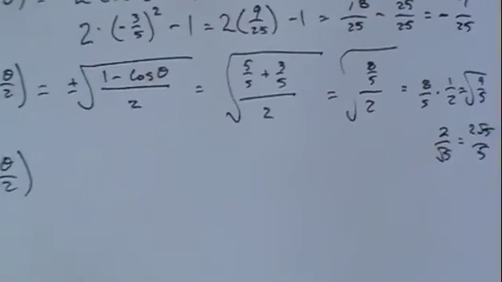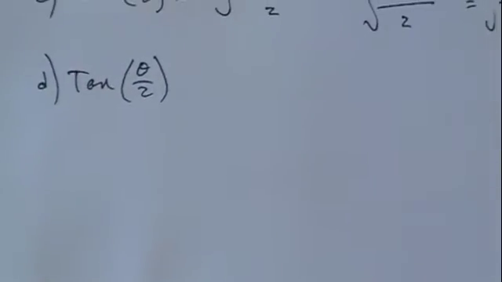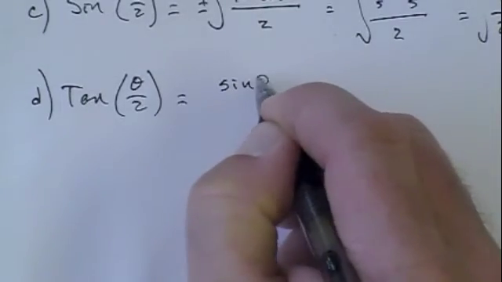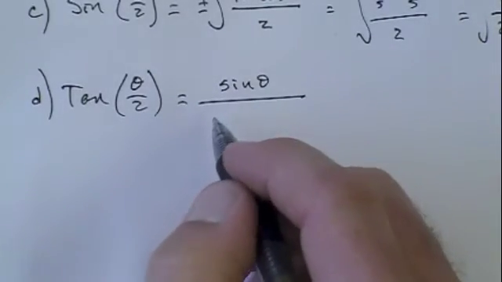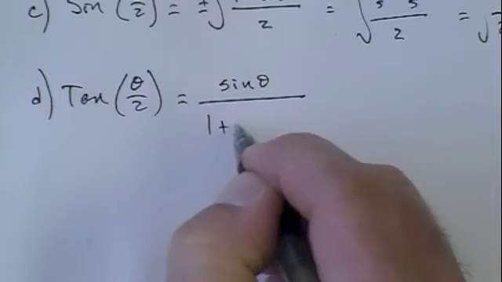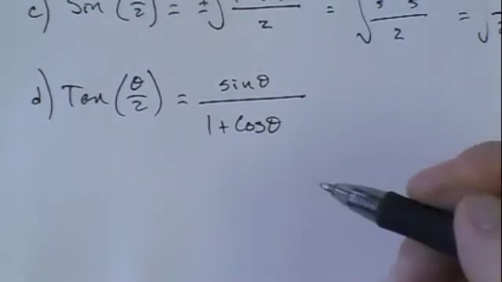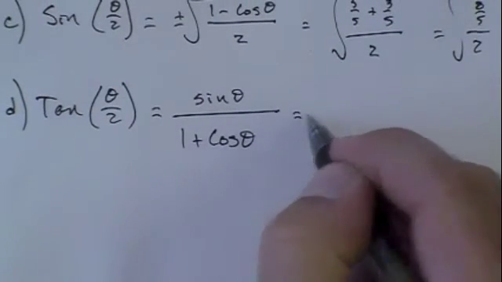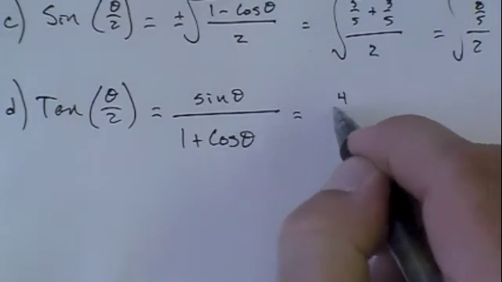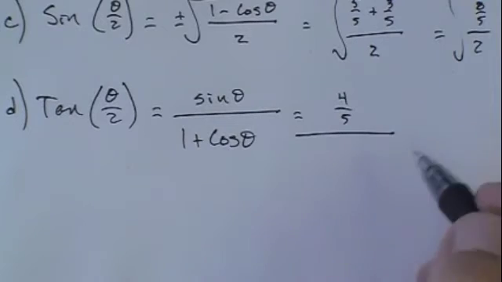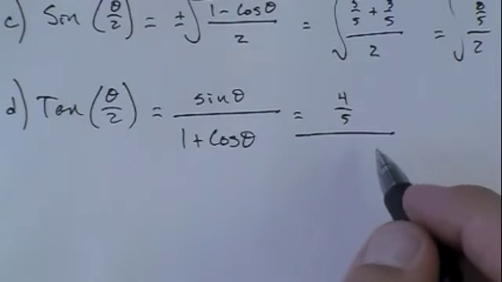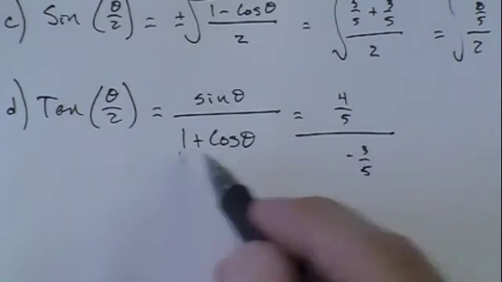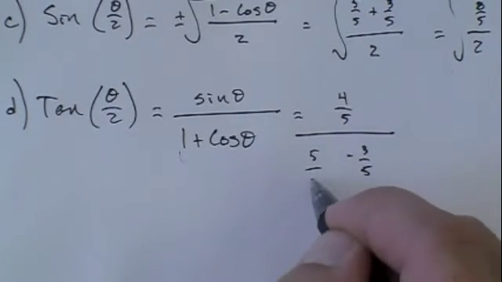And for our tangent, let's use sine of theta over 1 plus cosine of theta. So now our sine of theta is 4 over 5. And then cosine is still negative 3/5. So I'm going to rewrite this one as 5/5.